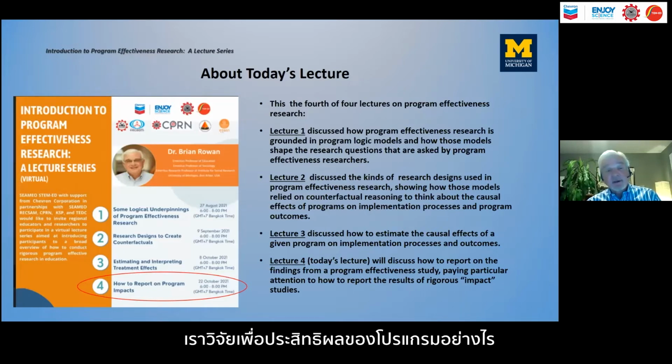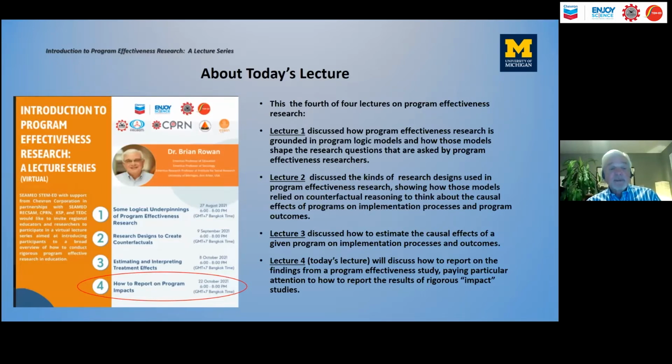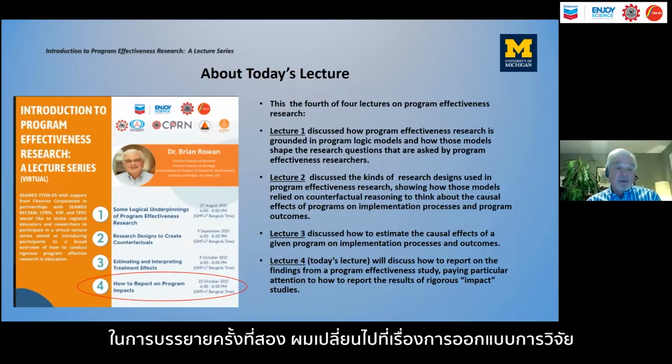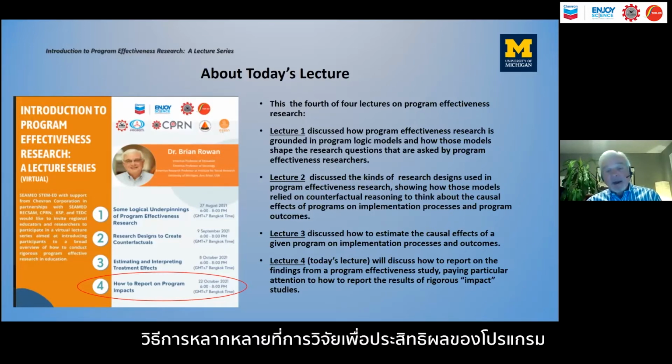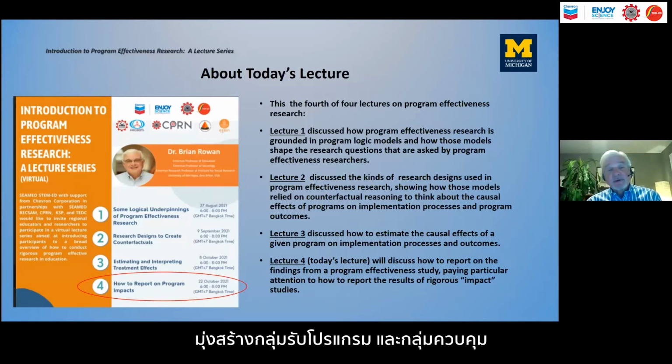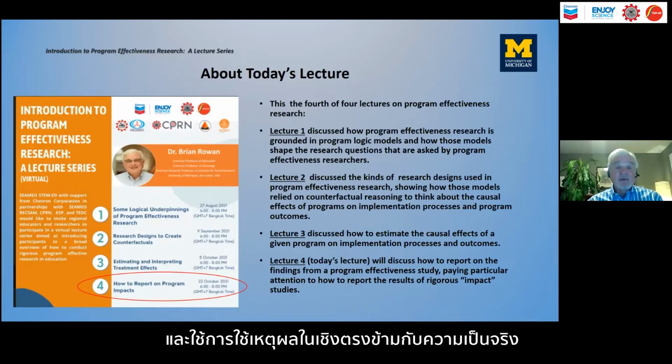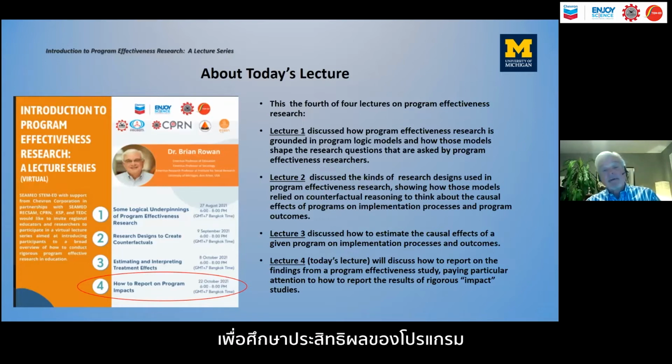In lecture 2, I moved to research designs and the ways in which program effectiveness research seeks to create treatment and control groups and use counterfactual reasoning to explore program effectiveness.